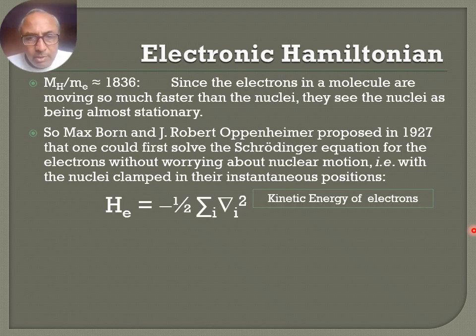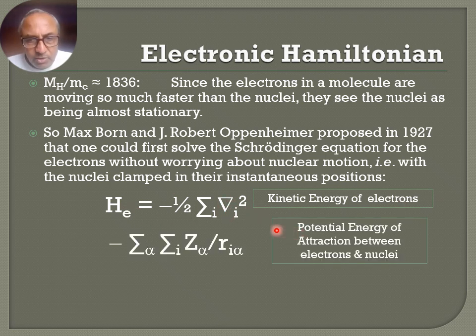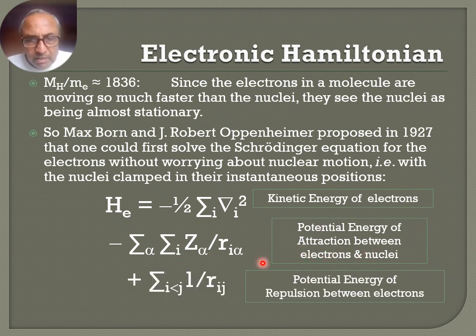So the Hamiltonian for the electrons, the so-called electronic Hamiltonian, consists of the kinetic energy of the electrons, the potential energy of attraction between the electrons and the nuclei, and the potential energy of repulsion between the electrons.